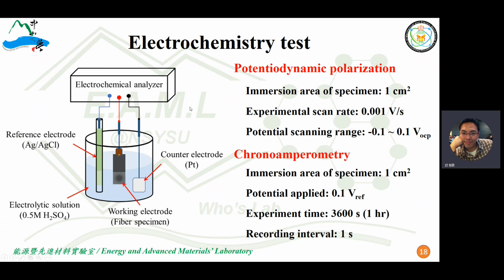Then we work on the corrosion test by the electrochemistry test, using the three-electrode method. We have the working electrode, that's our fiber. The counter electrode is platinum, the reference electrode is AgCl, and the electrolyte is 0.5 M sulfuric acid.